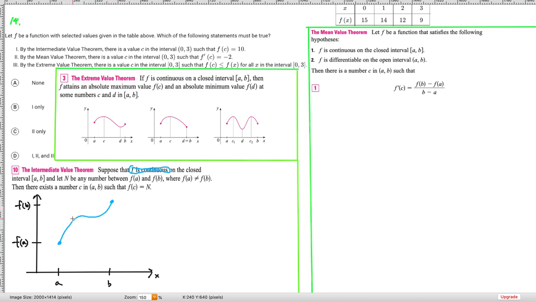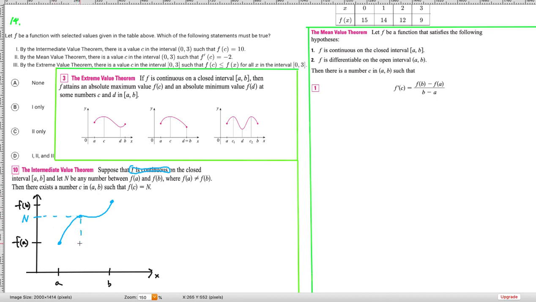Okay, so now between f of a and f of b, there's a whole wide range of numbers. But for any number n, there has to be some number c. If you go across at n, there's some point right here.